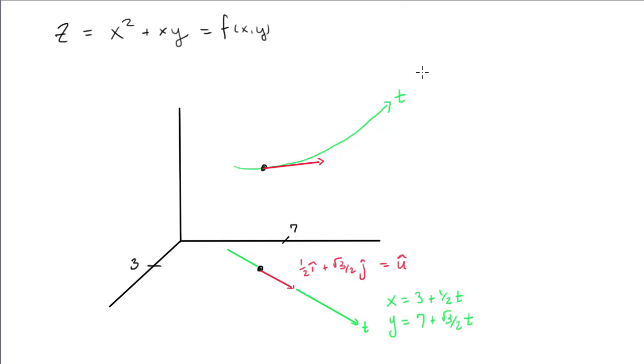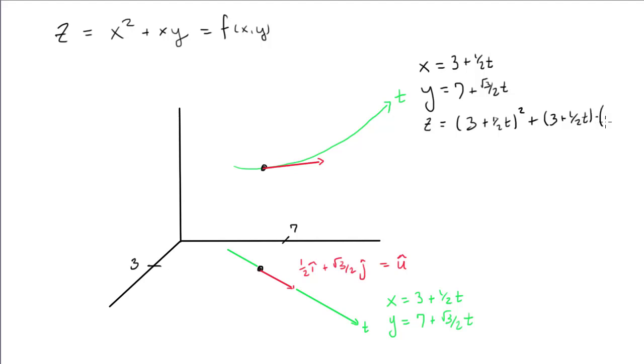In parametric form, x, y, and then z is f of x, y. The vector form points to the point.